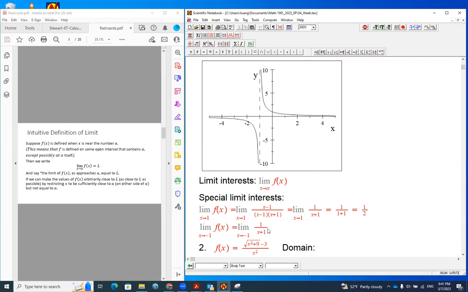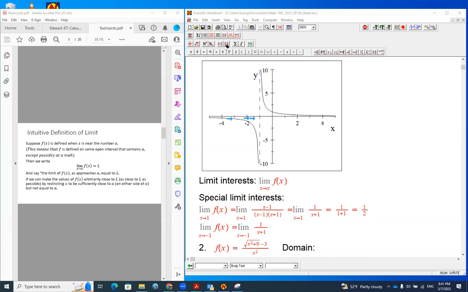What is the limit? It depends on which direction we approach. x could be approaching -1 from smaller than -1, or it could also be approaching from larger.